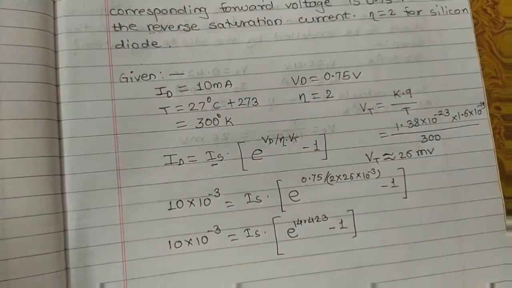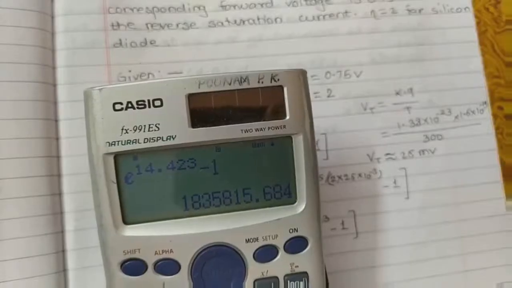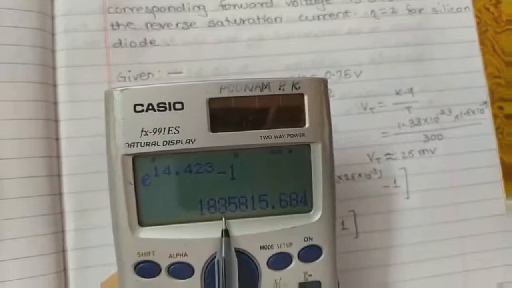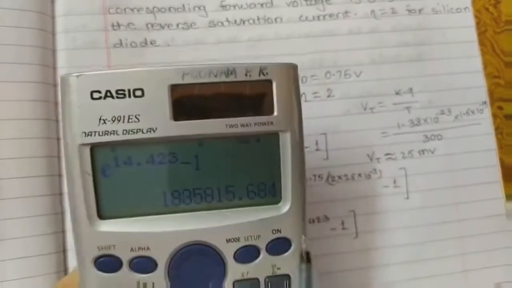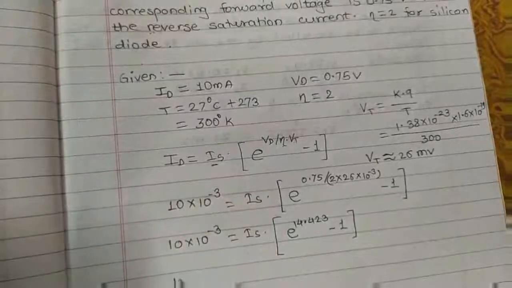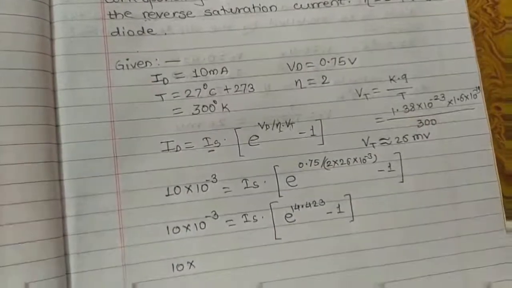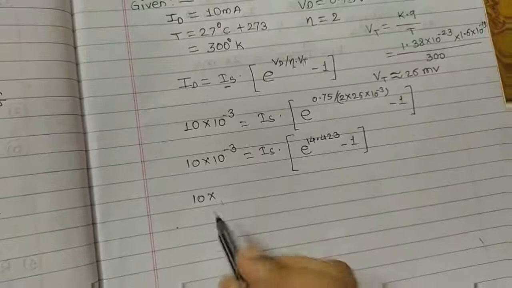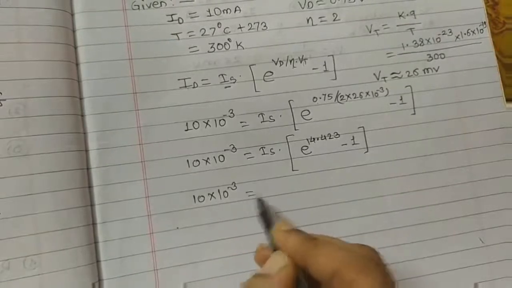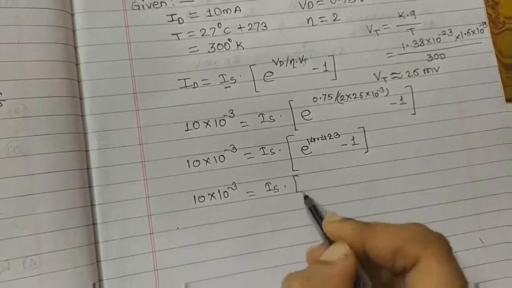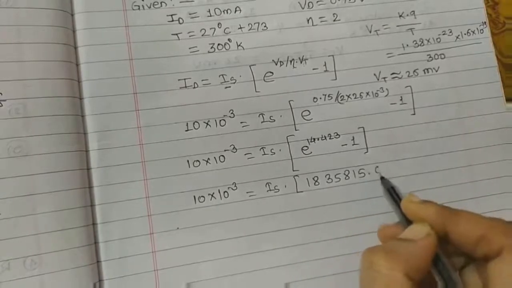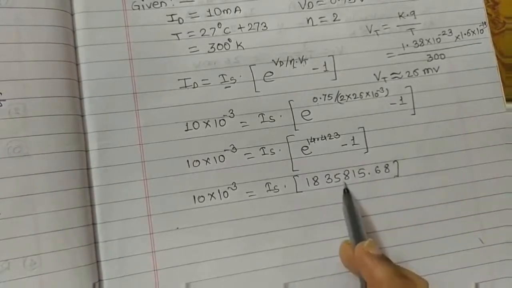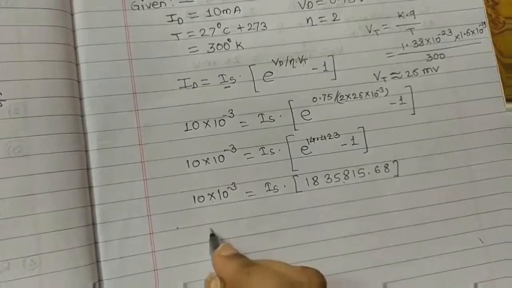So our answer here is 1835815.684. So I will write 10 into 10 raised to minus 3 is equal to IS into 1835815.68. Now we'll take this term to the other side to calculate the value of IS.